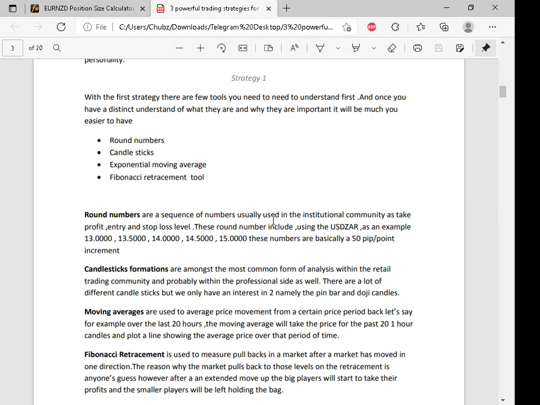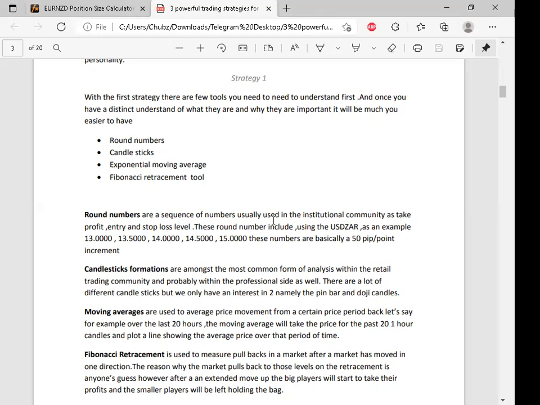So round numbers are essentially a number sequence usually used in the institutional community. It's used as take profit levels, stop losses, entries. It's sort of like looking at the South African rand versus the United States dollar.